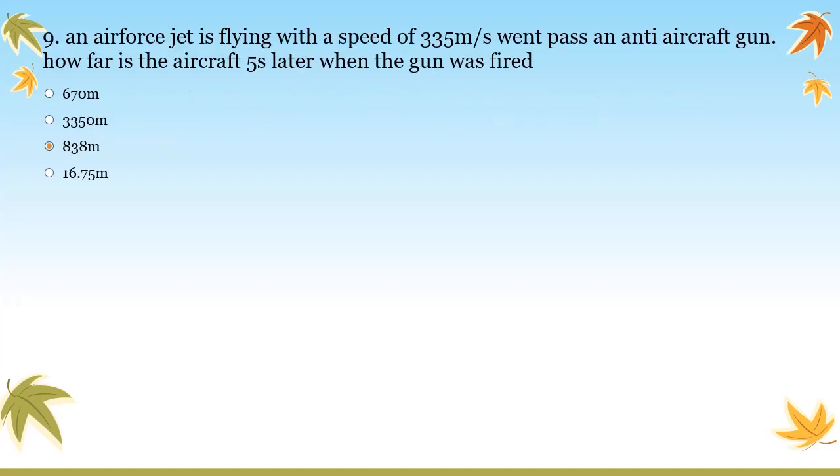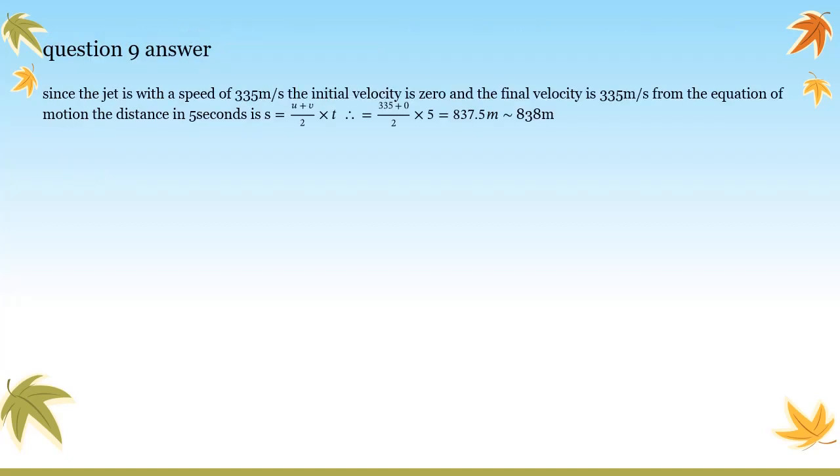9. An Air Force jet is flying with a speed of 335 m/s when it passes an anti-aircraft gun. How far is the aircraft 5 seconds after the gun was fired? Since the jet is flying at 335 m/s, the initial velocity is 0 and the final velocity is 335 m/s.